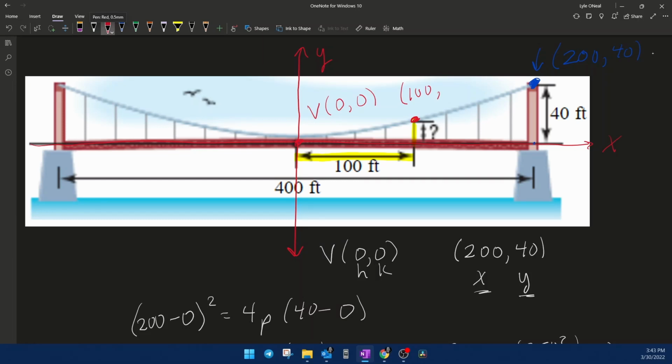Because from the center over to that point would be 100 feet. And then the y-coordinate would be how high. So do you see what this is telling me? This is telling me that I need to plug in a value of 100 for x and solve for y.